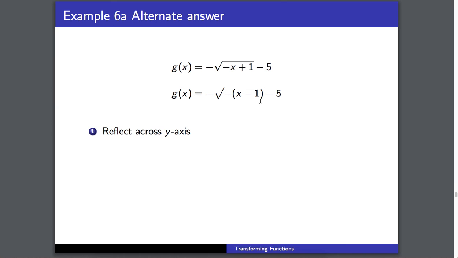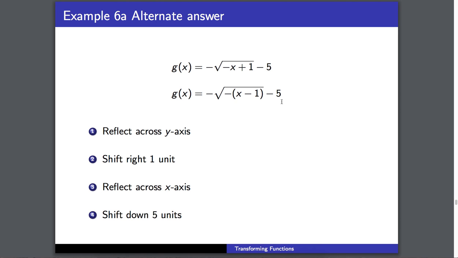So first up, the minus that's out in front is going to be a reflection across the y-axis. Then we have the -1 inside is a shift to the right. The minus that's out in front of the square root is our reflection across the x-axis. And then the 5 that we're subtracting outside the function is shifting it down 5 units.